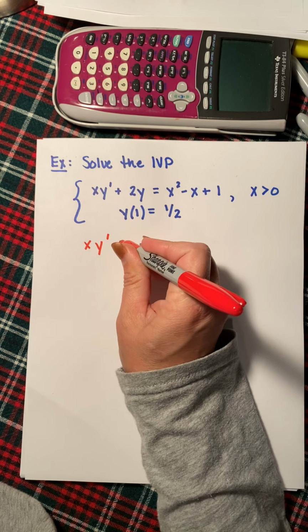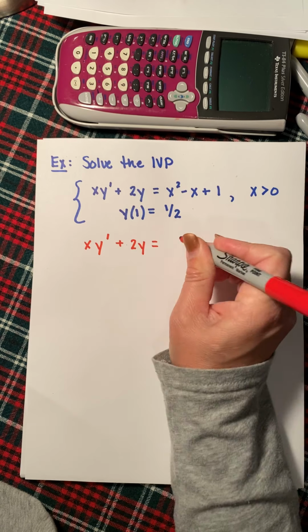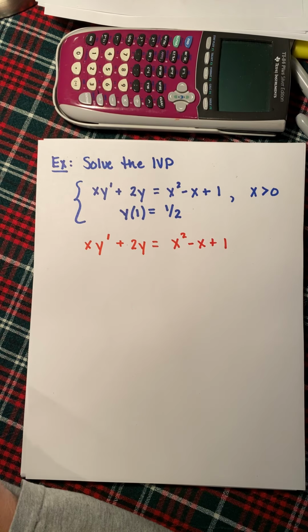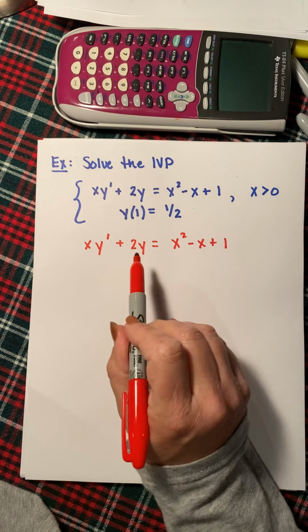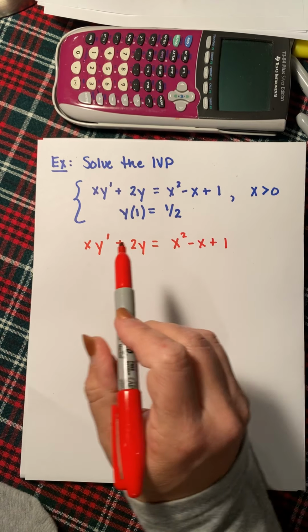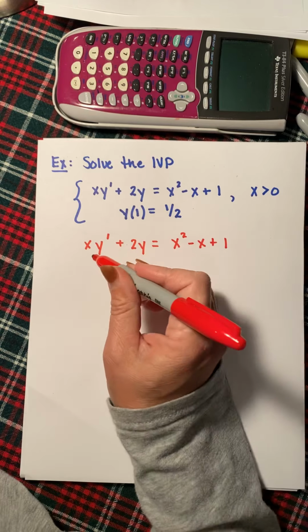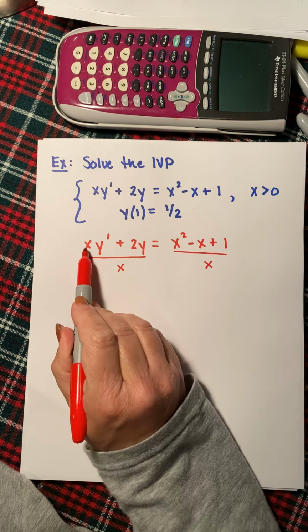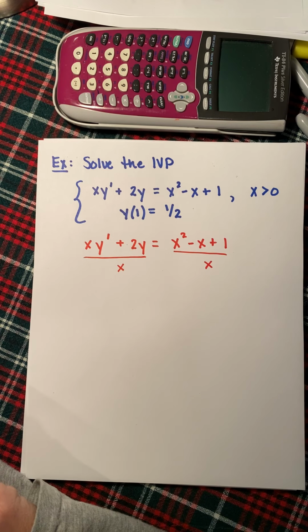x times y prime plus 2y equals x squared minus x plus 1. Now remember, we have to get it into the form y prime plus a function times y, and so forth. So we need to get rid of this x in front. So we're going to divide both sides by x. We want the y prime standing by itself.